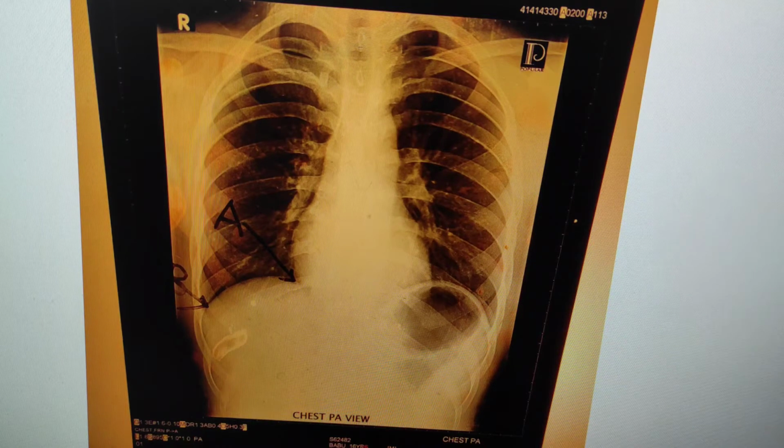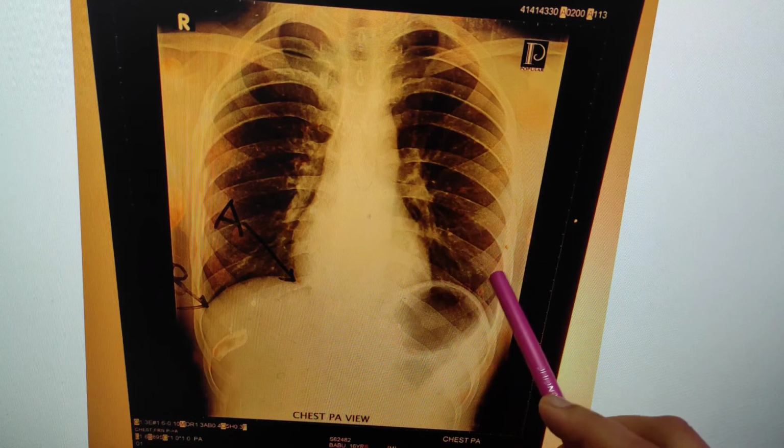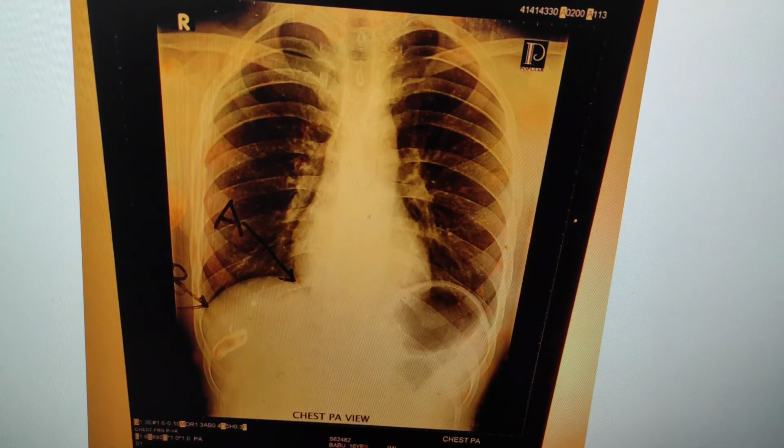And if there is pneumothorax, like accumulation of air in the lung fields, then the film will become more black in color. And if there is accumulation of fluid in the lung like here, then it will become white in color because the X-rays got interrupted by the fluid.